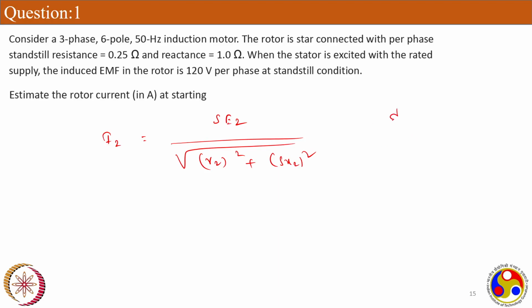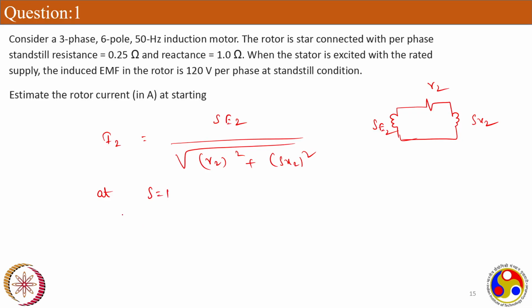Now they asked for the rotor current at the starting. So the equivalent circuit will be S E2, R2 and S X2. We are looking at the secondary circuit because they are asking for the rotor current. Now at starting condition, S is equal to 1.